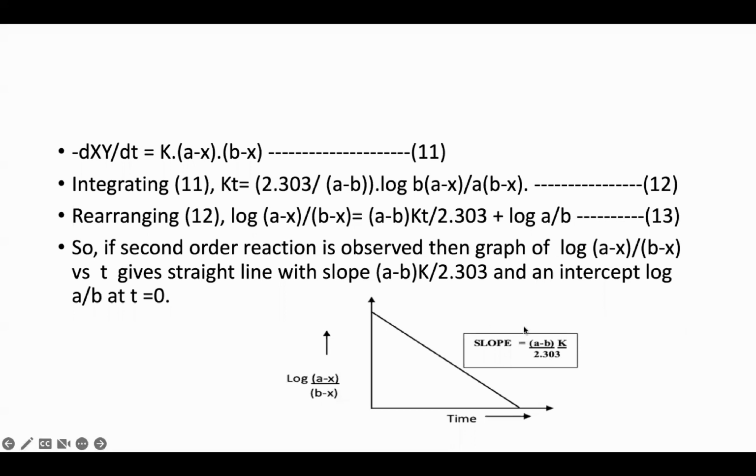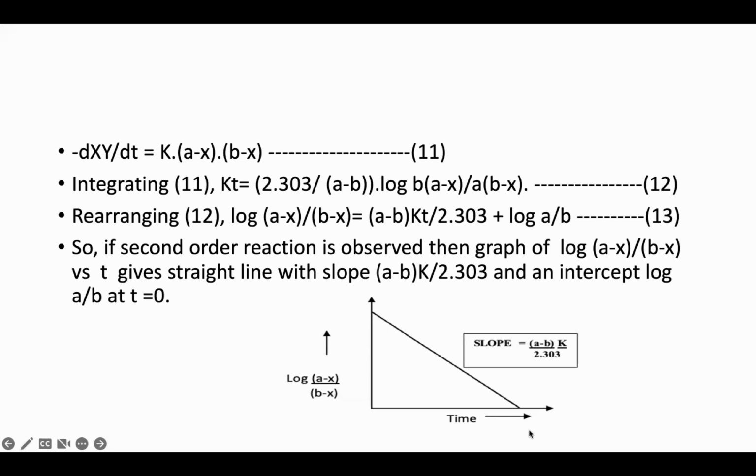So once you rearrange this integrated equation into a straight line graph, which is y equal to mx plus c, of course, we know that our slope is the m. We're plotting time, don't forget, against log A minus X over B minus X, which is our y-axis.